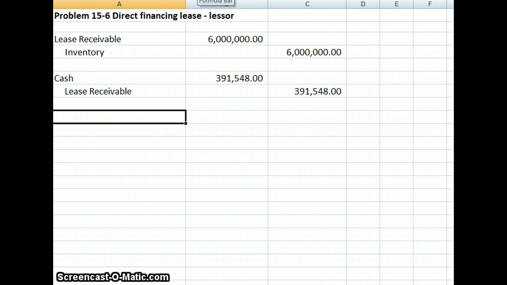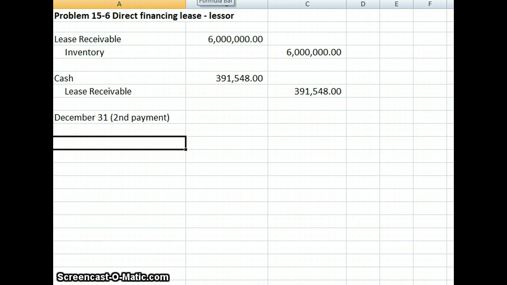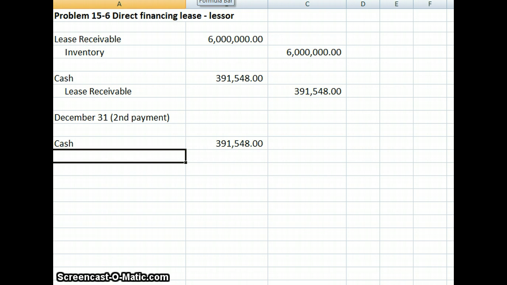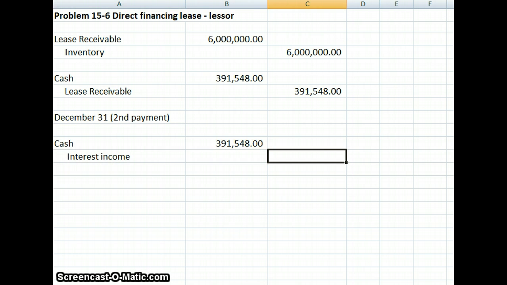Okay, let's look at then what entry we would make on December 31st. That's our second payment. And what we're doing here is we're going to increase cash again by our $391,548. The amount of payment stays the same, but this time we're going to have interest income, and we're going to calculate that interest income.